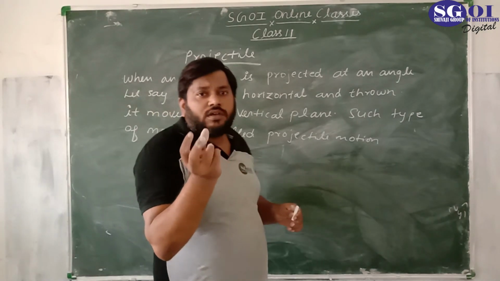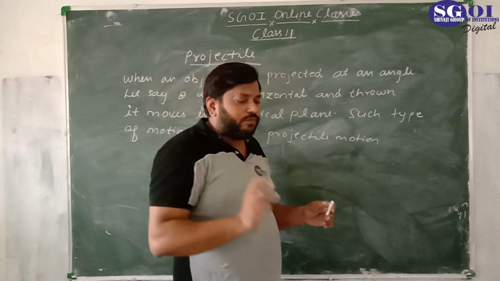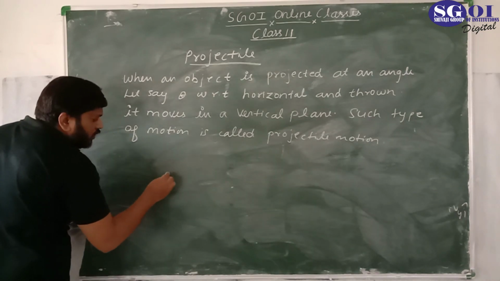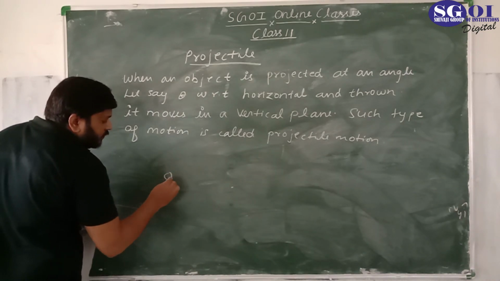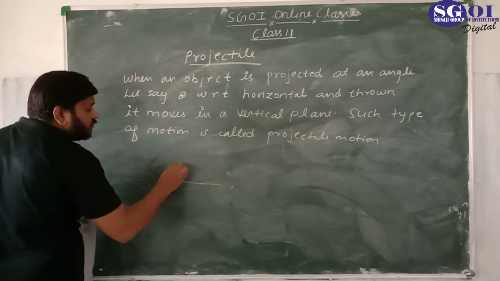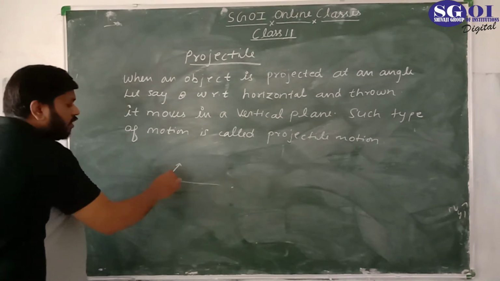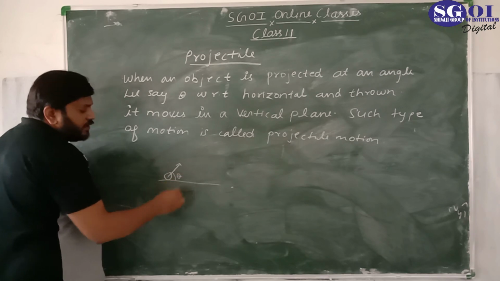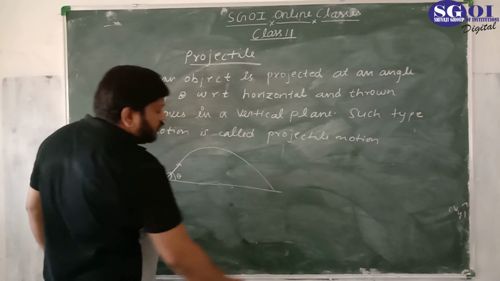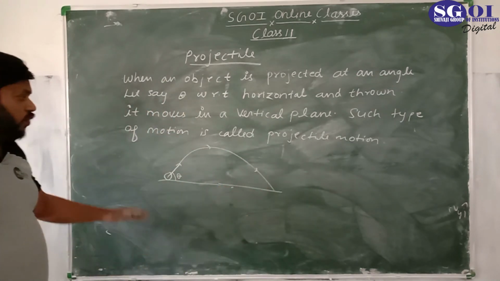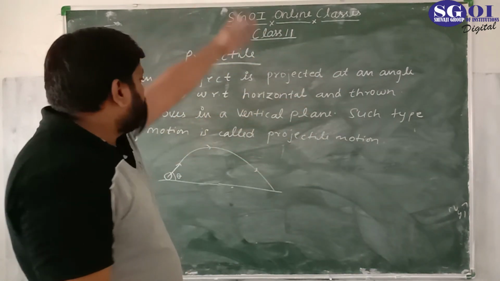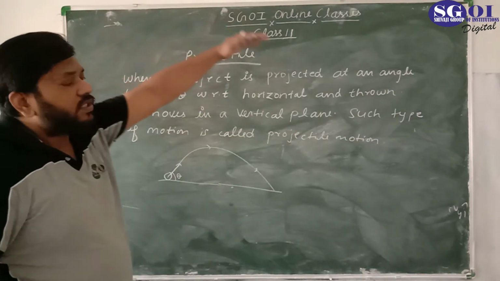If we throw a stone at an angle from the surface, with an initial velocity at an angle theta, it goes like this, and you can see the stone goes like this in the vertical plane. Let's say this is a wall, and the stone is moving in this vertical plane.